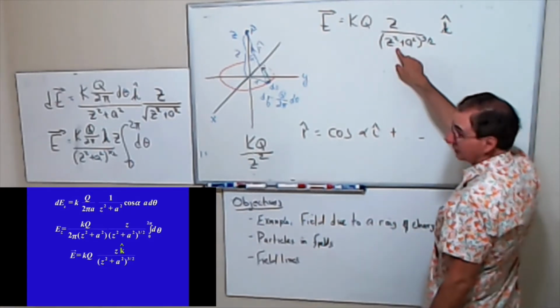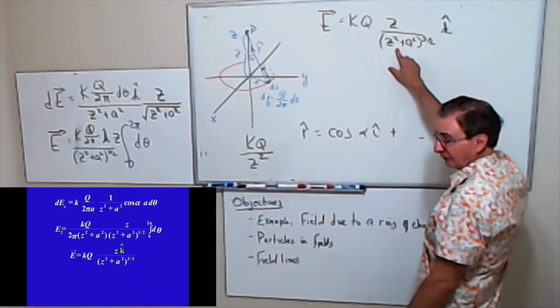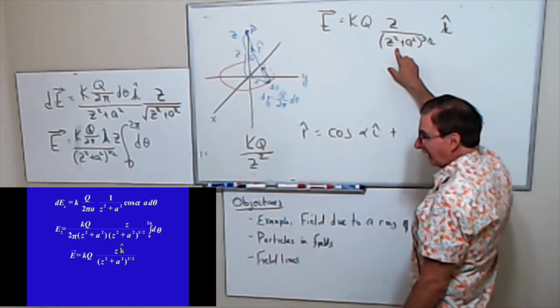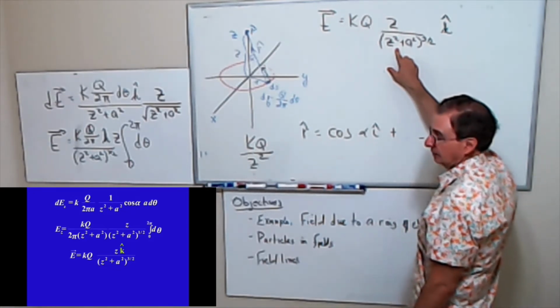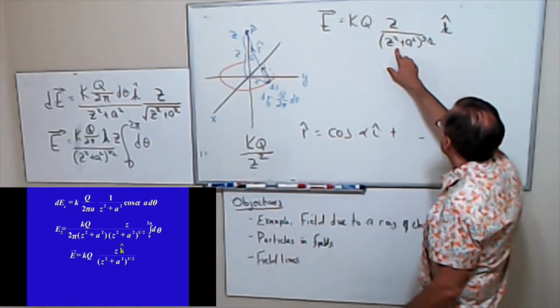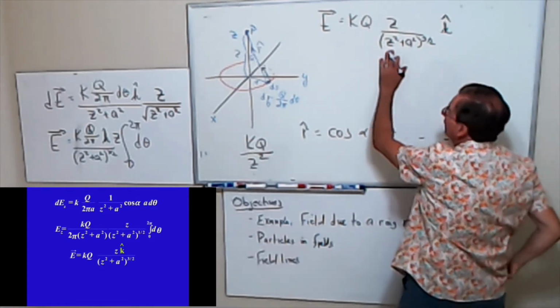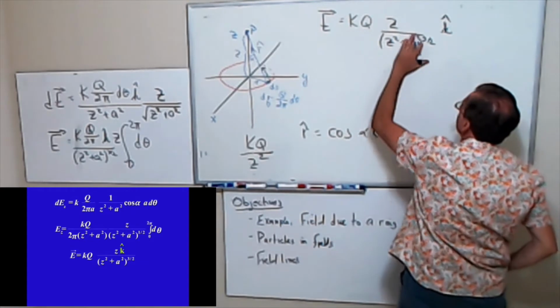Look at this expression. I'm hoping that if I did this right, I should get the same thing when z is much, much greater than a. If z is much, much greater than a, I can ignore this term.